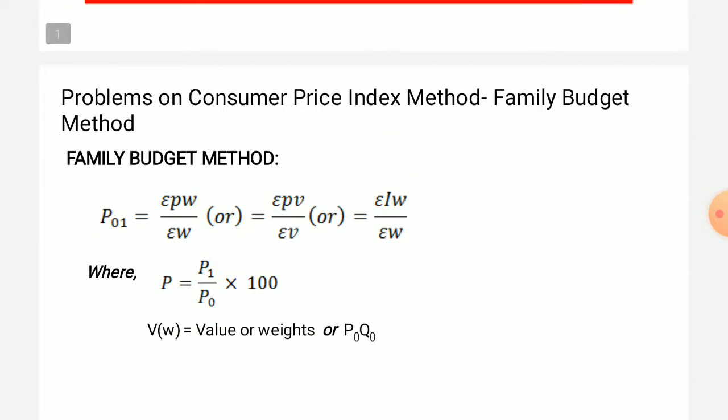Now the formula for calculating indices or index numbers according to family budget method is that P01, the price index number for the current year, is equal to sigma PW by sigma W, or sigma PV by sigma V, or sigma IW divided by sigma W. So here P01 is equal to the price index number for the current year, and P stands for price relatives, that can be calculated as P1 by P0 into 100, current year price divided by base year price multiplied by 100, and then W is equal to weights, or V can also be represented as the weights.